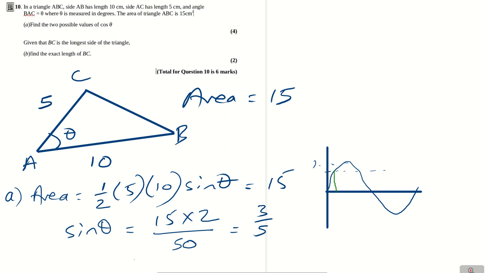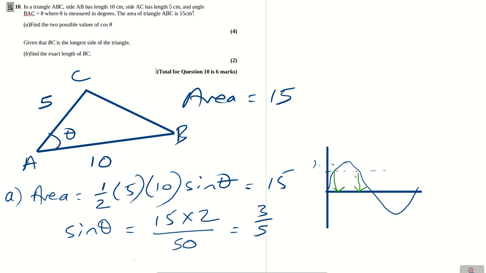It could be that angle there, or it could be that angle there. So there are two possible angles that are going to fulfill that criteria, and each of those angles is going to have two different values of cos theta, possibly. So that's one way you could do it.